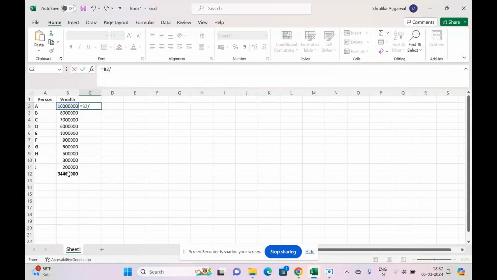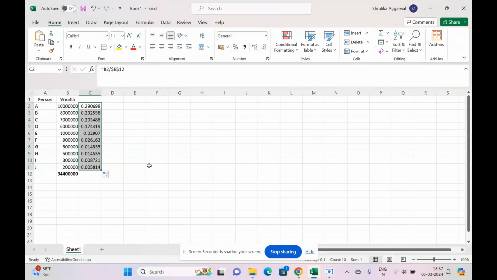I divide this by this. I want each cell to be divided by cell B12, so I use the absolute cell reference, using the dollars. I hit enter. I scroll down. I use percentage. So this is the percentage I get.